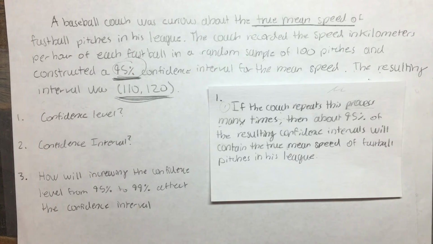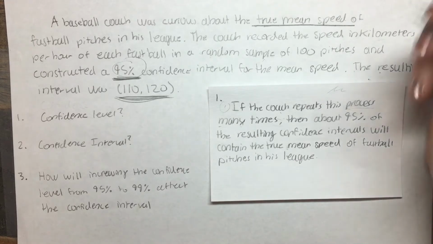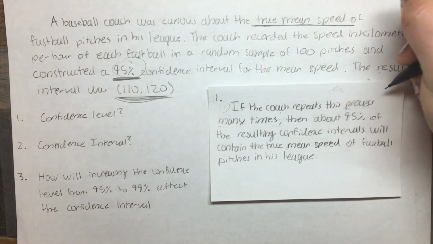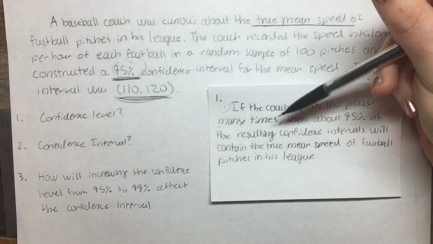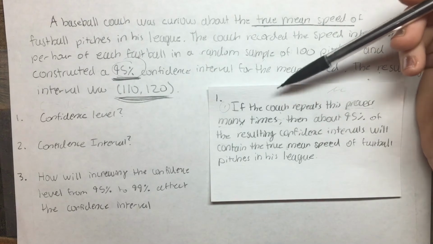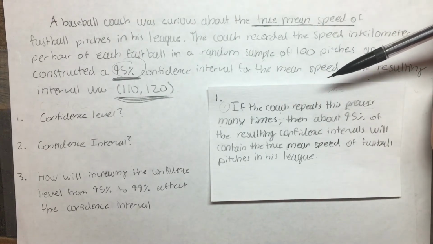Okay. When writing a confidence level interpretation, there's 3 to 4 things that are very important to include. And the first thing is stating that you're going to repeat this test, this trial, this process many times or multiple times. Because if you just do it once, it's variable.